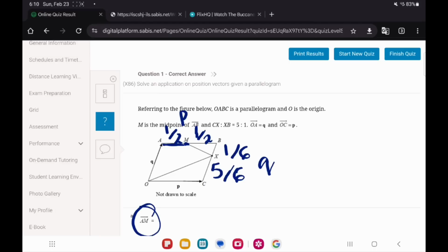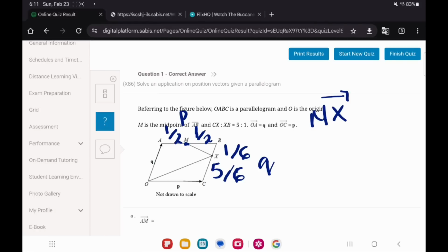Now I know what the next question is. I don't want to erase all our givens, so I'm going to tell you what the next question is. They're asking for MX, okay? We can see that MX is MB minus XB.